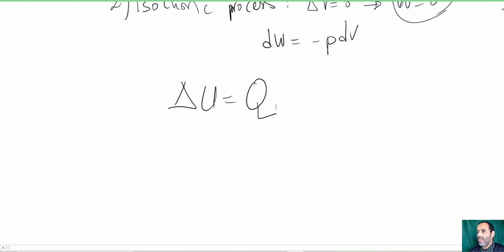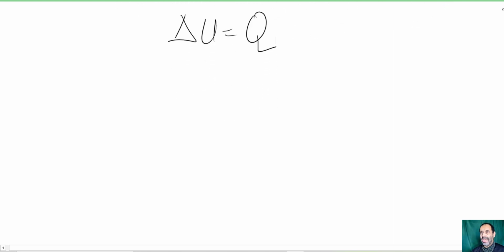How much heat will go? I'm going to define a specific value now to find that.